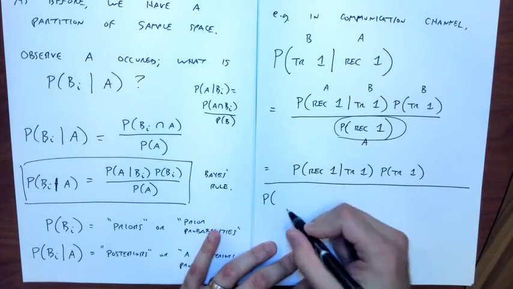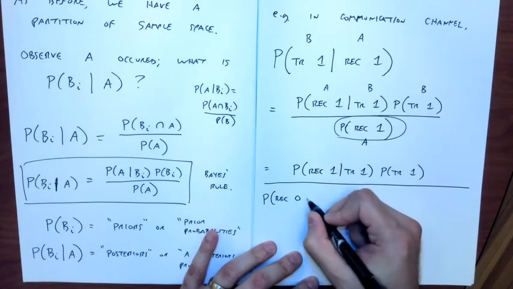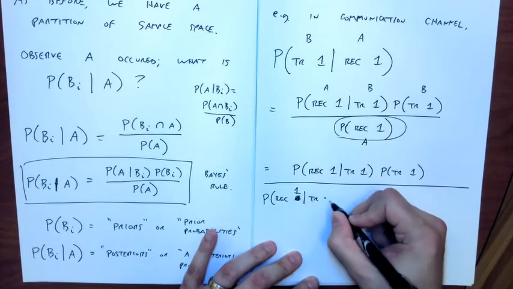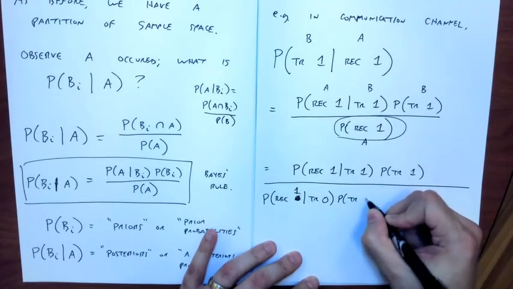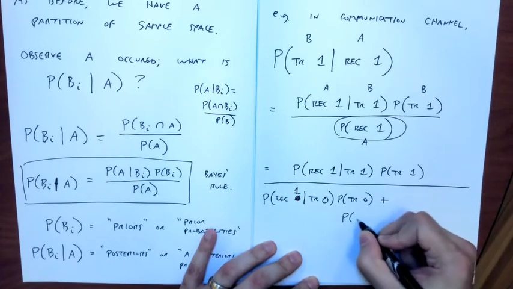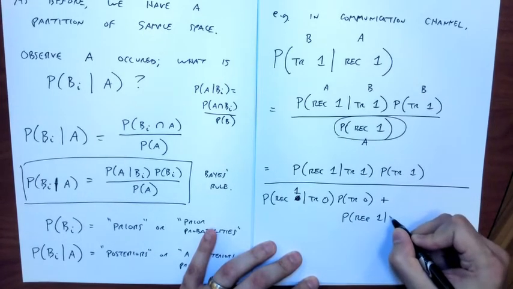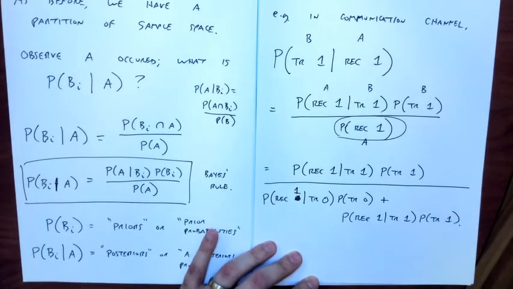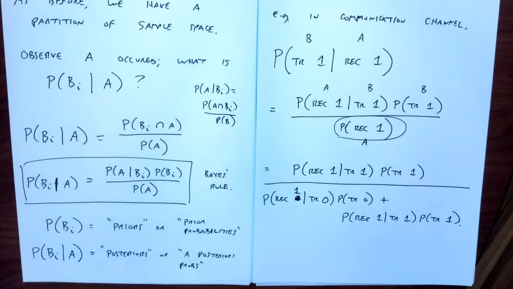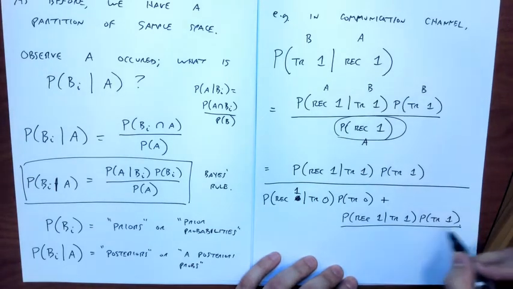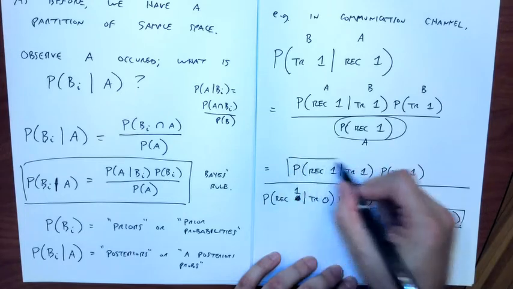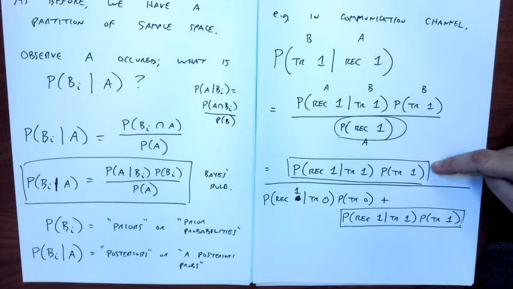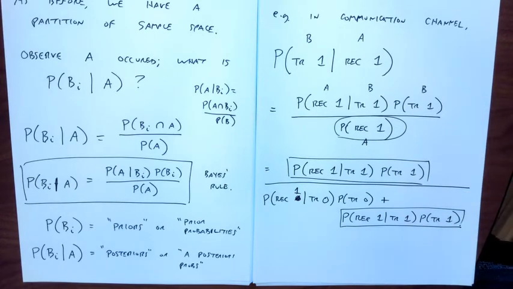So one way is if I transmitted a 0, and one way is if I transmitted a 1. Okay? So you can see that this part here is the same as this part here, right? This is just a fraction saying, what is the ratio of this piece to the whole, okay?